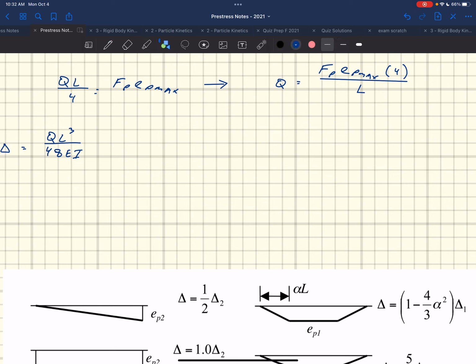And so then that is FP EP max times L squared all over 12 EI. So that is what that deflection would be from that. It's pretty clever.